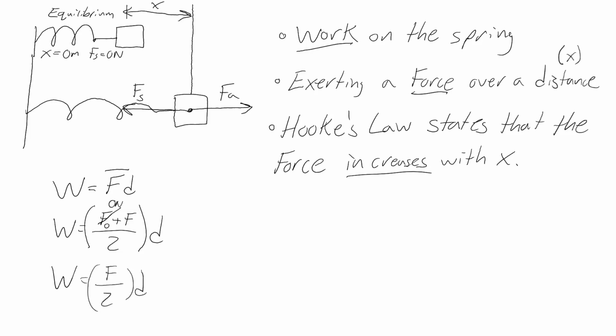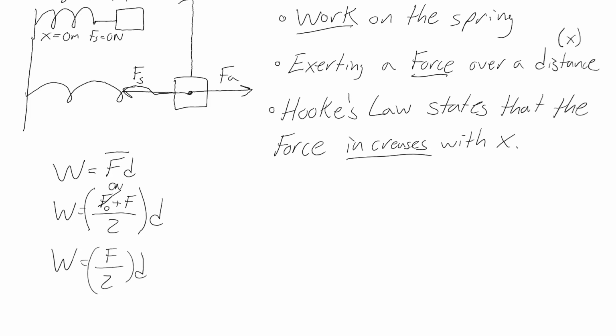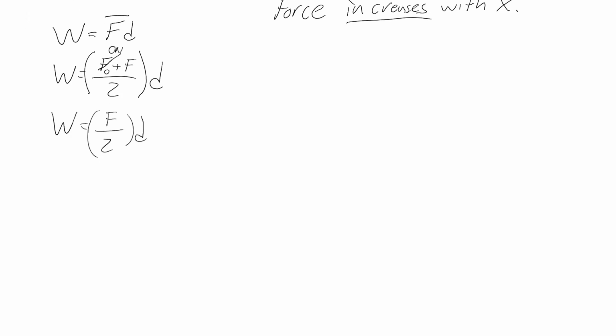And you might see where I'm going with this now. Let's bring this 2 out. We have a 2 in the denominator. Let's make that 1/2 FD. So the work done is equal to the average force, 1/2 of F times D. Let's use Hooke's law now. F is equal to KX, right?